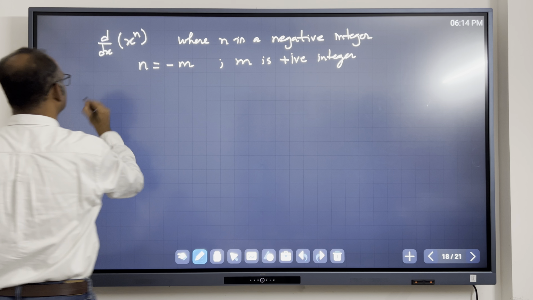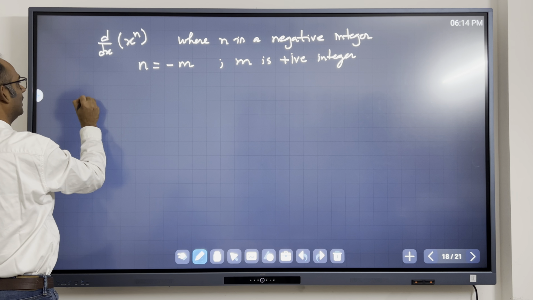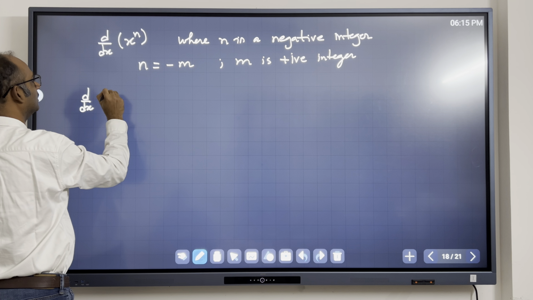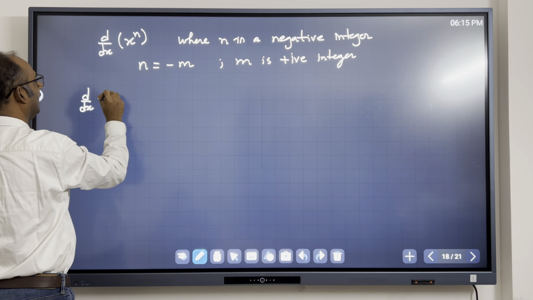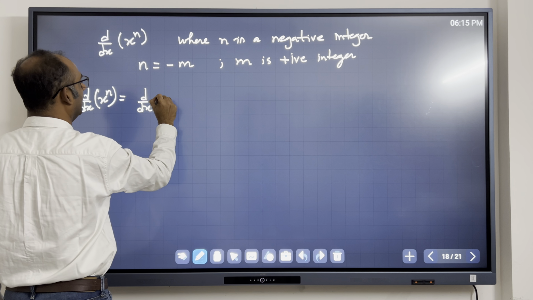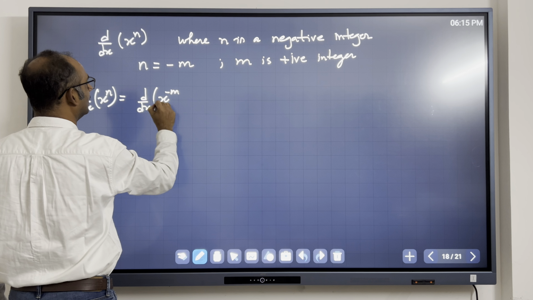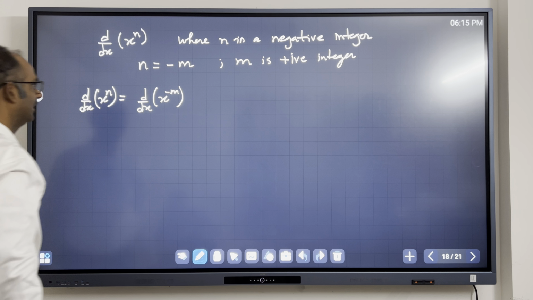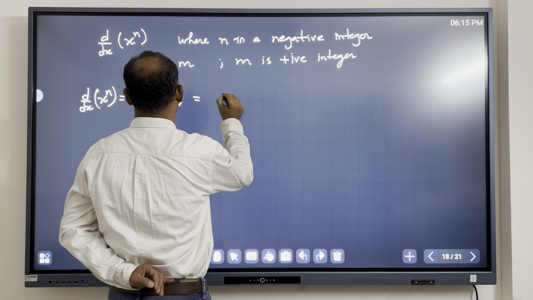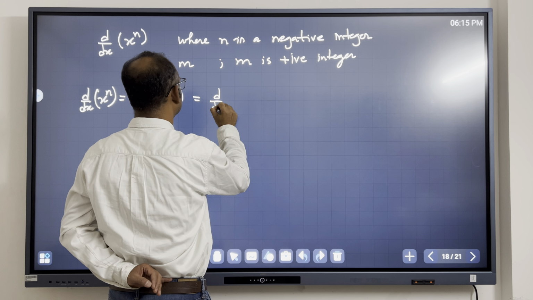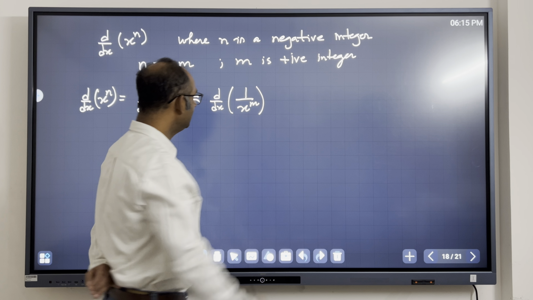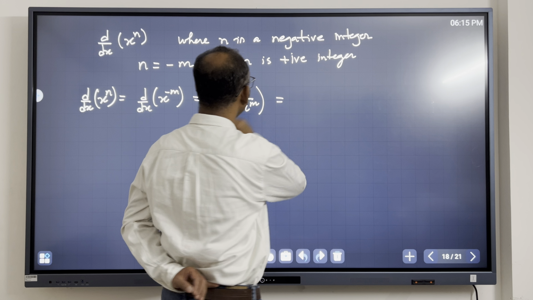So d over dx of x to the n is equal to d over dx of x to the minus m, where m is positive, which is d over dx of 1 over x to the m. Agreed? Same thing, nothing spectacular has been done.